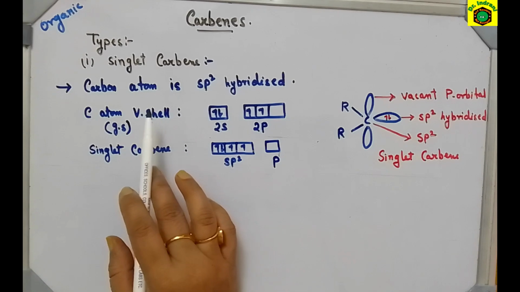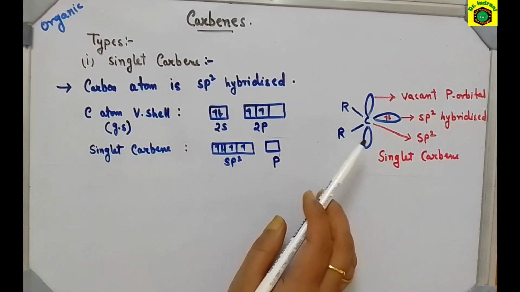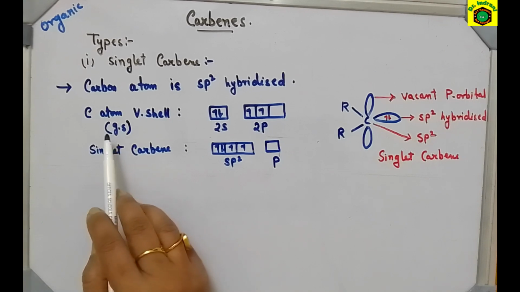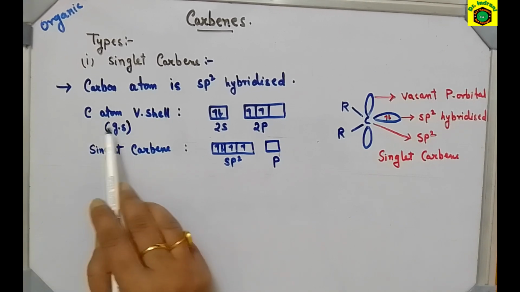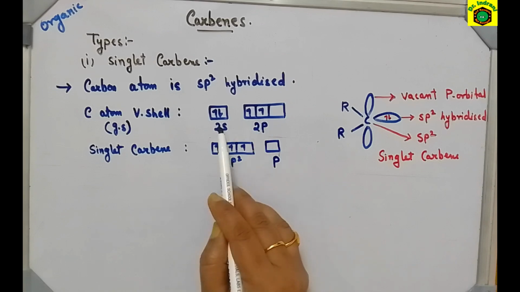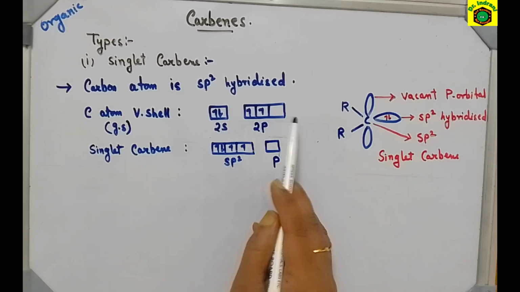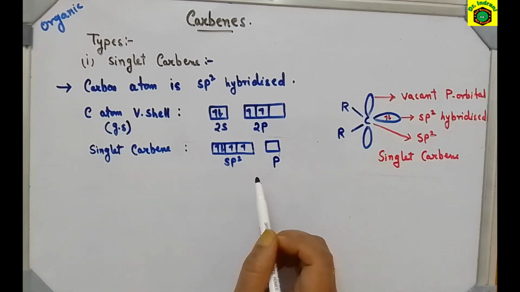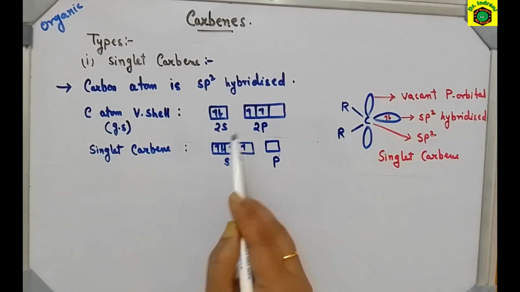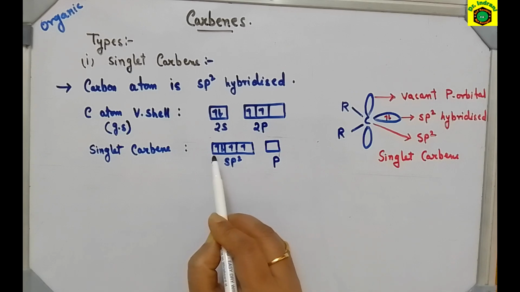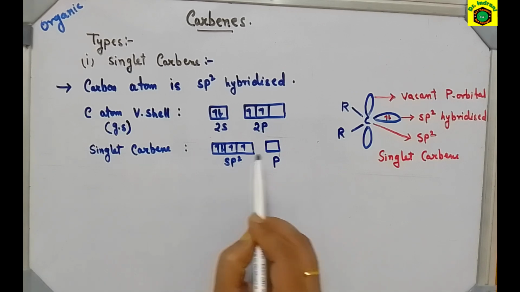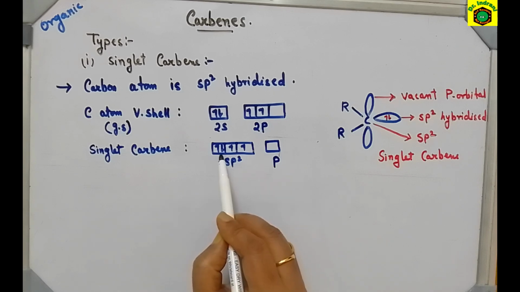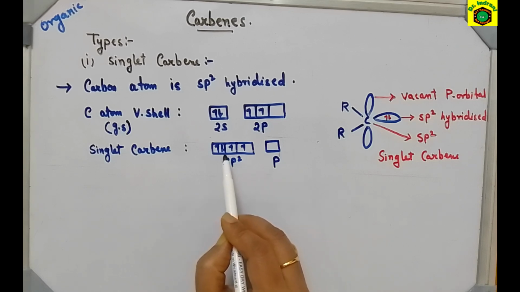Now see, in singlet carbene, the carbon atom is sp2 hybridized. The valence shell electronic configuration of the ground state of carbon is 2s 2p. For singlet carbene, since it is sp2 hybridized, these three are sp2 hybridized orbitals and this is a vacant p orbital. Here two electrons are in the same orbital with opposite spin.